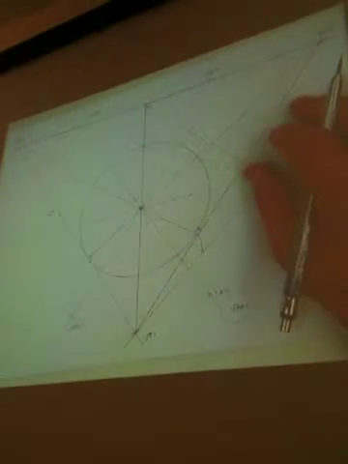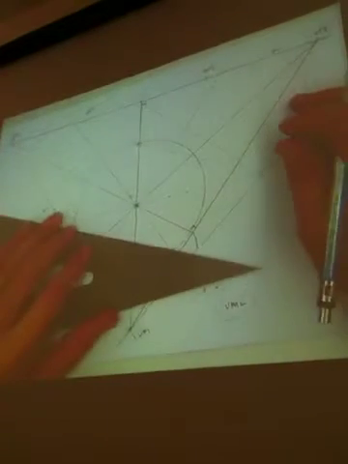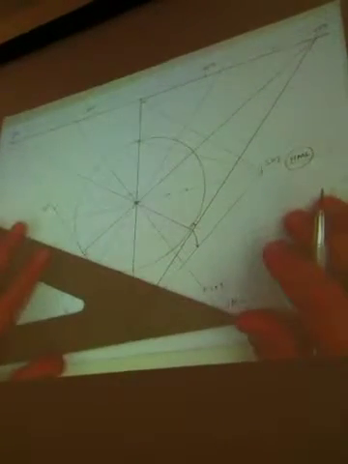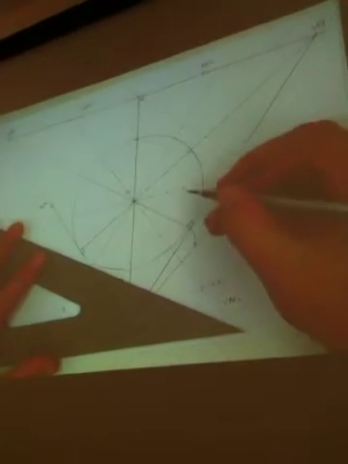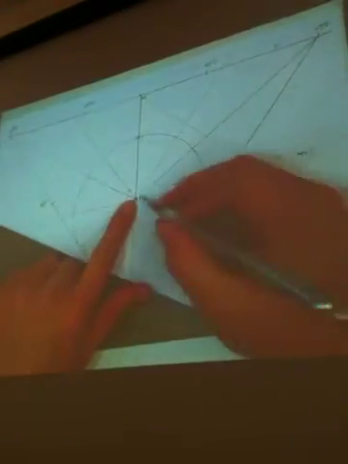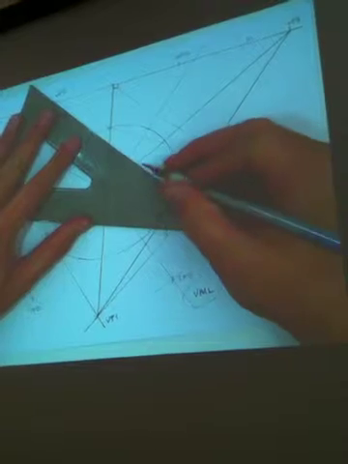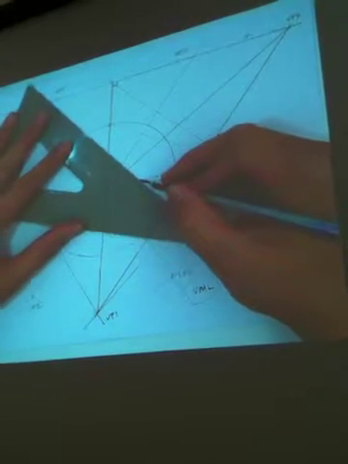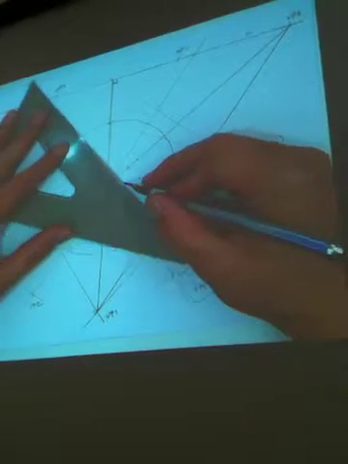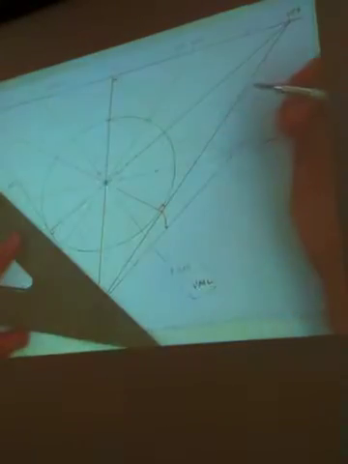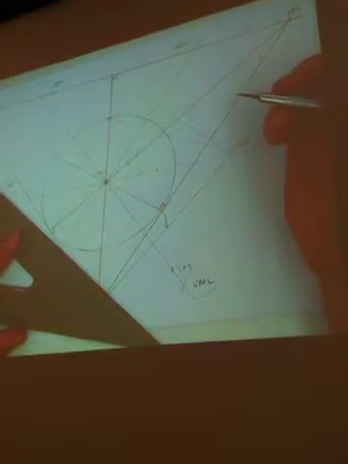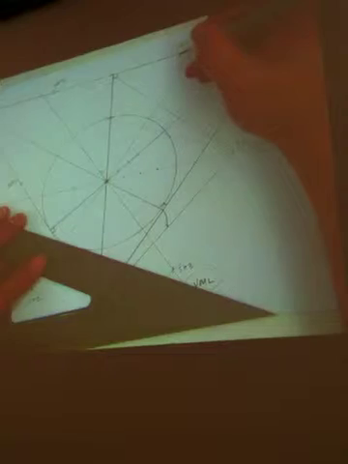All right? Now, I'm going to transfer them the same way as always. Here, I need to transfer these to these lines. So I'm going to go from here, using measuring point 3, transfer it to there, transfer it to there, transfer it to there. You see what I mean? Same kind of thing we did before. Do the reverse on this side.